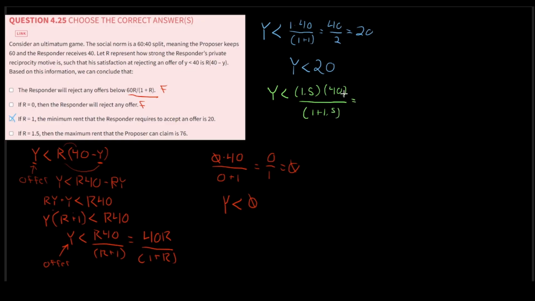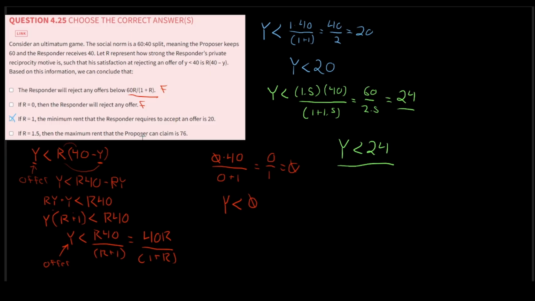So what do we get? 1.5 times 40, that's going to be 60 all over 2.5. 60 over 2.5, what does that work out to? That works out to a value of 24. So if we get an offer less than 24, we reject. If we get an offer greater than or equal to 24, we will accept.